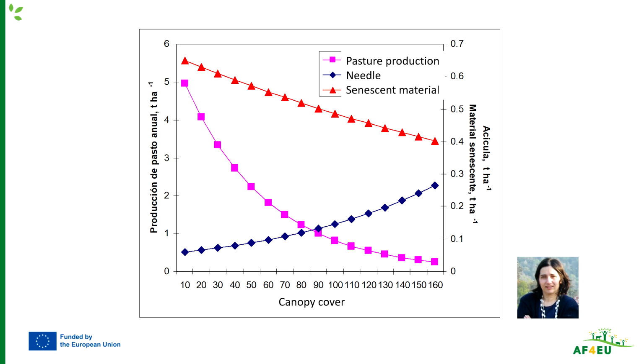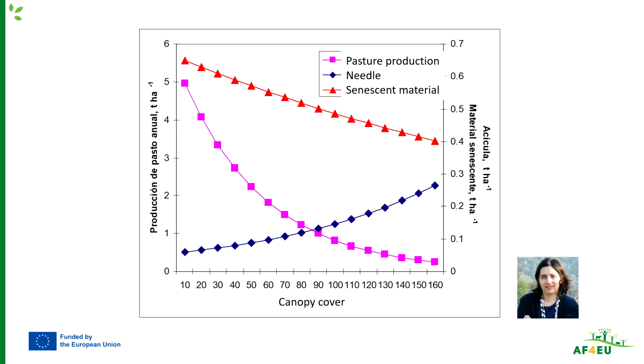Here we can see, depending on the canopy cover, what the annual production of the pasture is in tons per hectare, in the squares. We can see that it is reduced a lot when you go from 10 up to 160 tree cover, but when we have around 25%, it is half of the initial one.